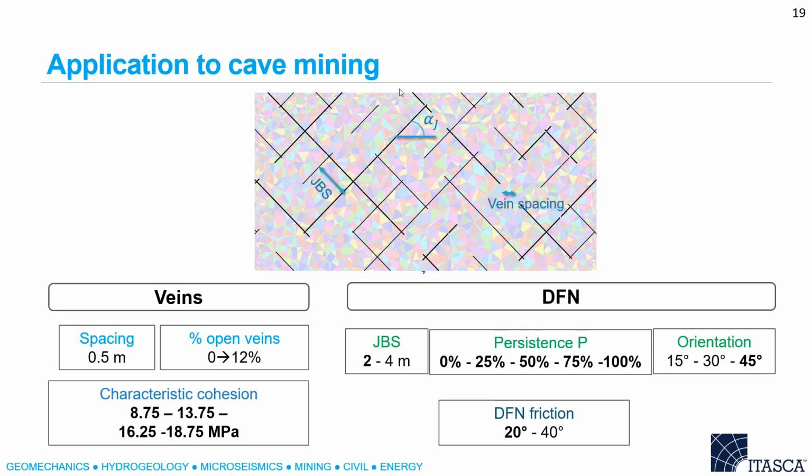And I consider that my persistence is, if it's 100%, then all is continuous here. And if it's, for example, 50%, then 50% of the surfaces that are supposed to be filled with those fractures are empty. So this is how we define this persistency here. And for the friction of the veins, here we chose 40 degrees. Did I reply to your questions? Yes, thank you.